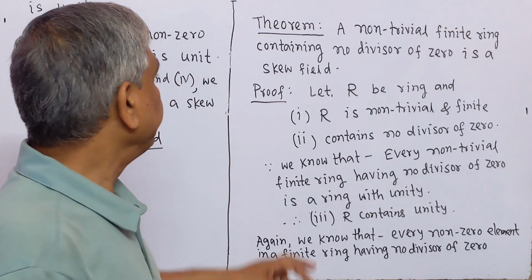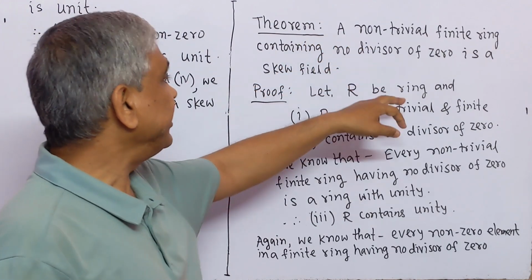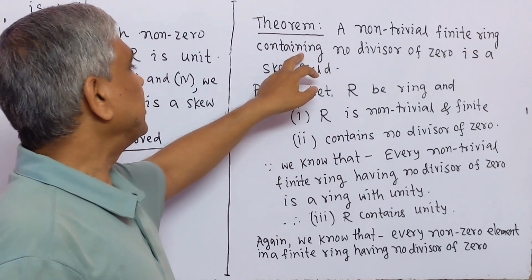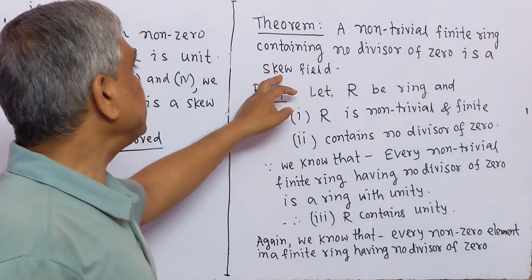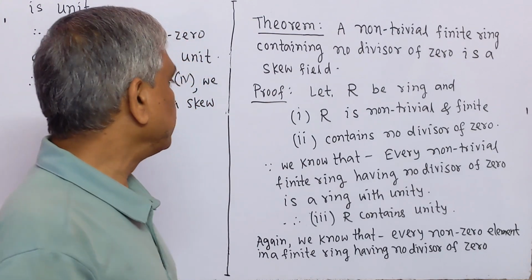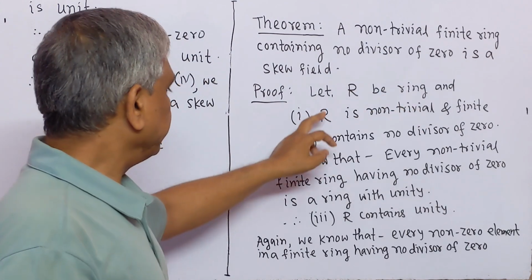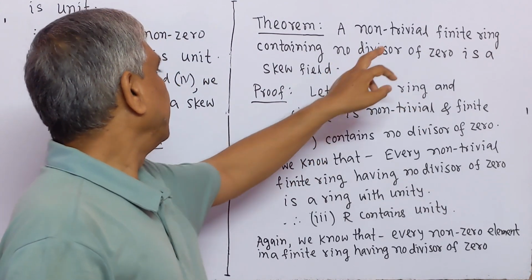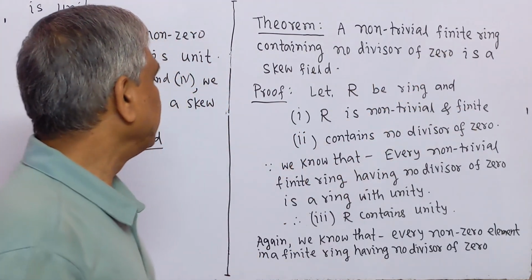Now we prove the next theorem. Theorem: a non-trivial finite ring containing no divisor of 0 is a skew field. Now we prove this. Let R be a ring. Then number 1, R is non-trivial and finite.